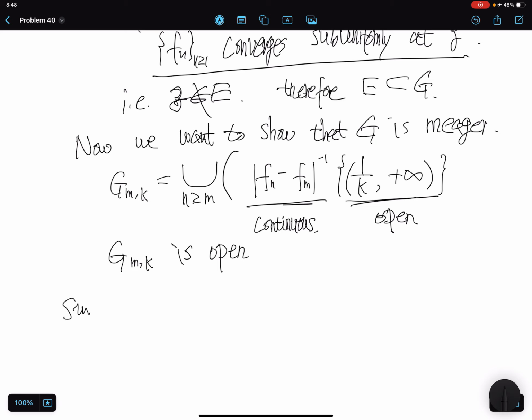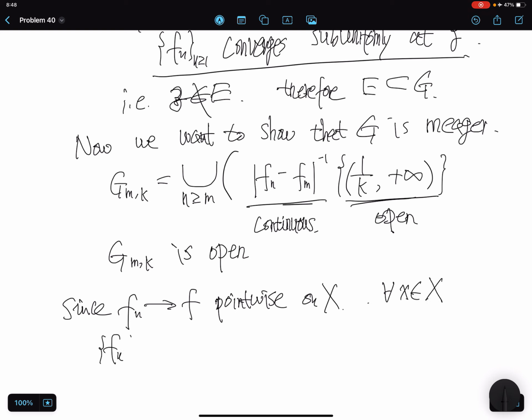Now see, since f_n converges to f pointwise on X, that's by assumption, right? Which means for all x in the big X, this sequence f_n(x) is a Cauchy sequence, also called a fundamental sequence.